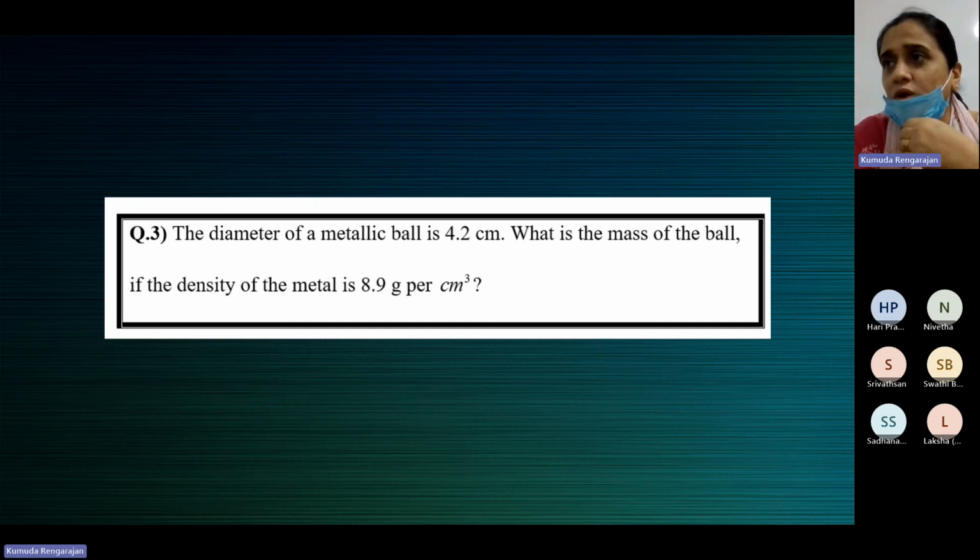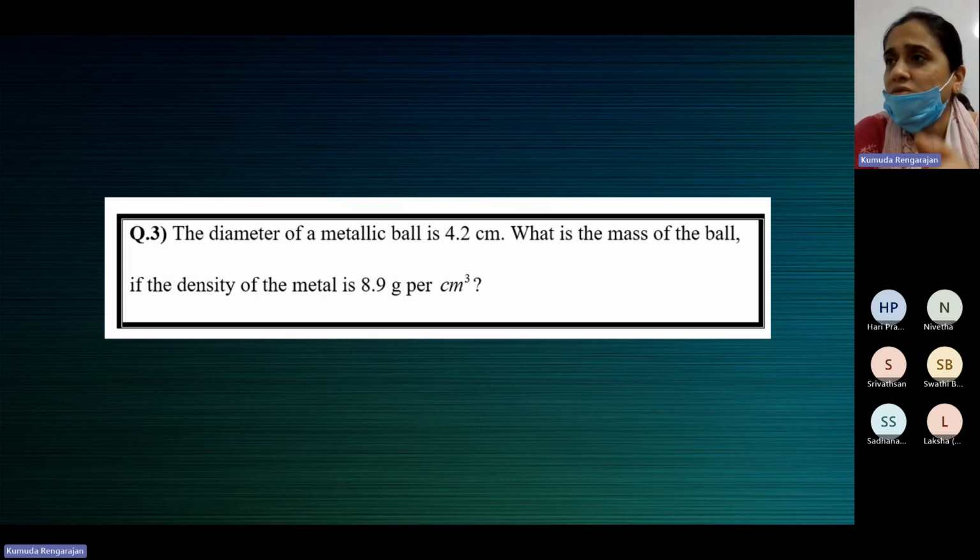So that means we should find the volume only. For 1 centimeter cube, the density is 8.9 grams, so you should find the volume of this spherical metallic ball, 4 by 3 pi r cube. Supposing the volume of the sphere is 100 centimeter cube.